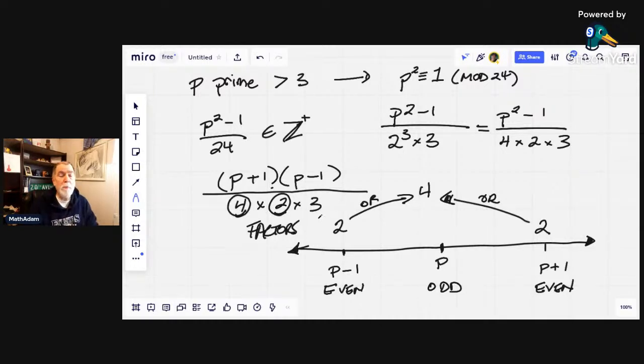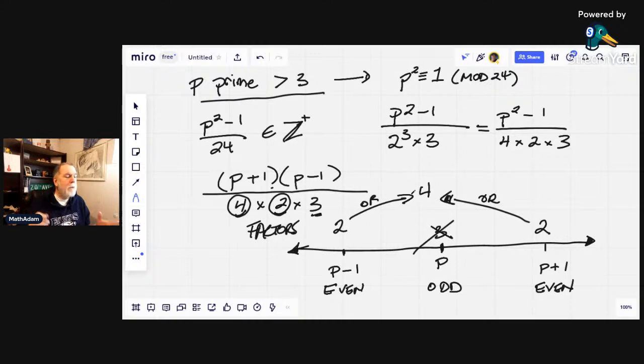So now all we need to do is determine, does 3 go into either of these? Okay, well, 3 won't go into the prime number because by definition, P doesn't have any factors other than 1 and itself. And up here, we already decided that P is not 3 because it's greater than 3.